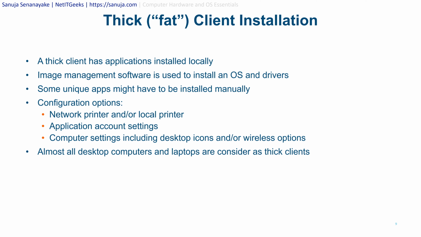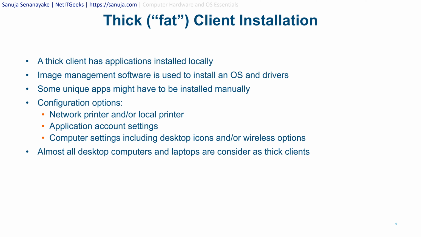Thick clients, also known as fat clients, are basically your desktop computers or your laptop computers. Those are all considered thick client or fat client computer installations. A thick client has applications that are installed locally. That could be Adobe Photoshop, or Microsoft Word and Excel.